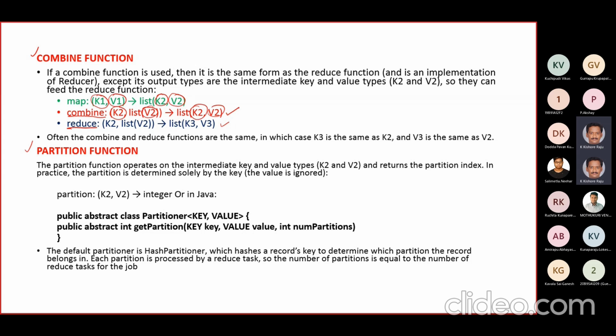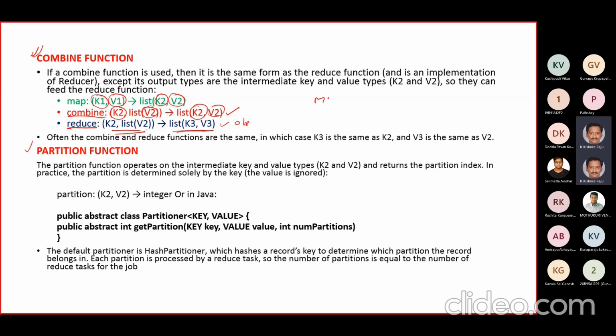The list of the combiner's output will become the reducer's input, and then the final list of K3 and V3 will become the output. So this is another type of MapReduce handling.